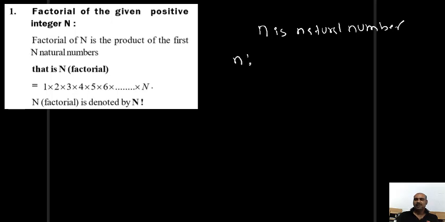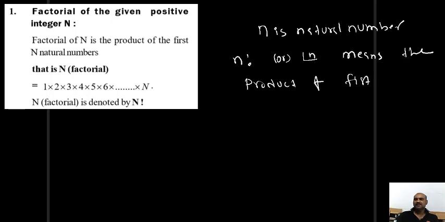N factorial, or factorial n, means the continued product of the first n natural numbers. That I will explain through examples.